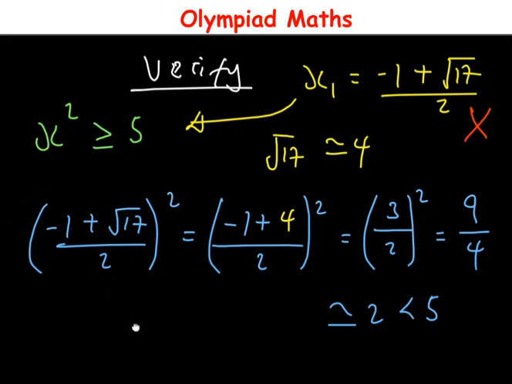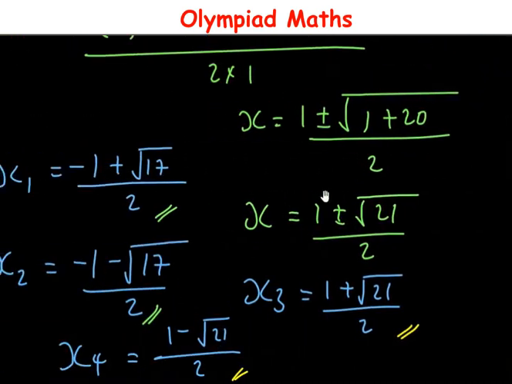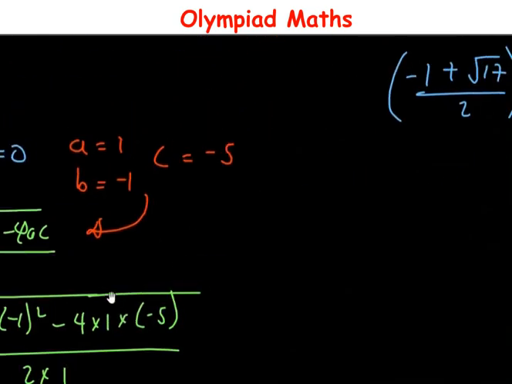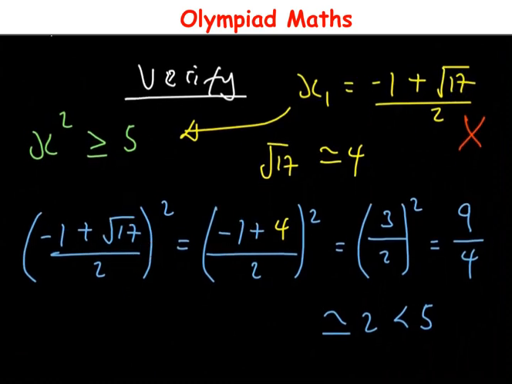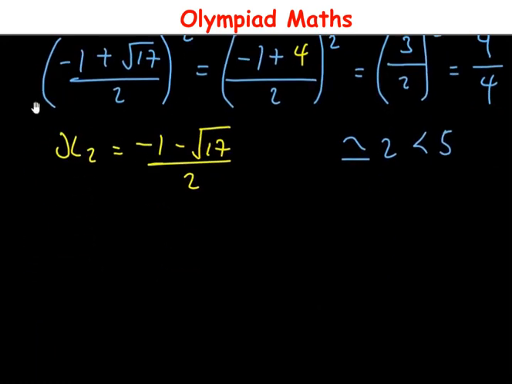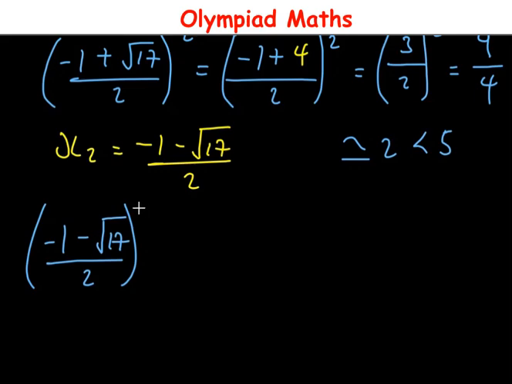Okay, so let us check for x2. Now, x2 is minus 1 minus root 17 over 2, so x2 equals minus 1 minus root 17 over 2. If we square this and the value is greater than or equal to 5, that means x2 is the correct solution. So let us square this. Doing this, we have in brackets minus 1 minus root 17 over 2, all squared.